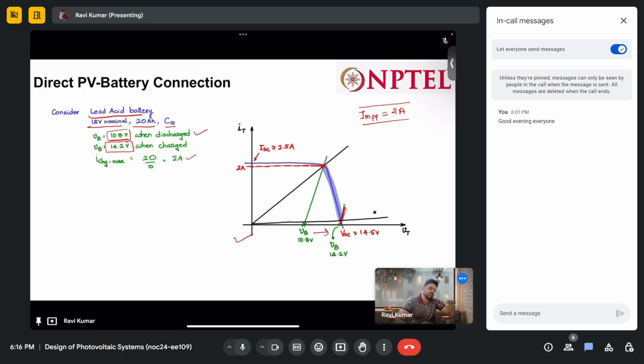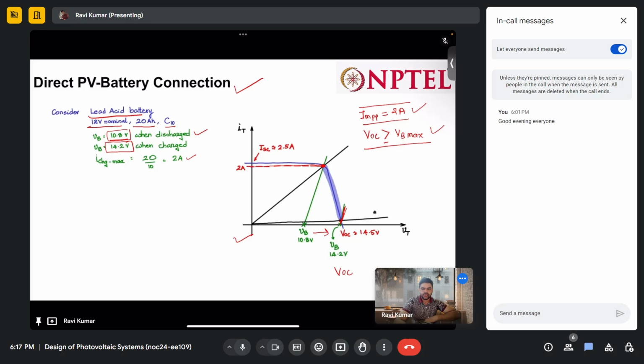That is the capacity of our battery. And also this VOC, I am writing here only, should be greater than or equal to VB maximum. So if the IMPP and VOC conditions of the battery are matched with the PV module, then only can we directly connect the PV battery.